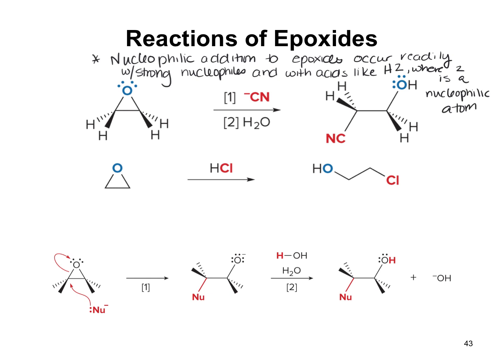So we identify strong nucleophiles because they have this negative charge on them, right? And then this would be like HZ, where this is also a nucleophile. And you can see how in this reaction, the nucleophile has attacked one of the carbons of the epoxide ring.